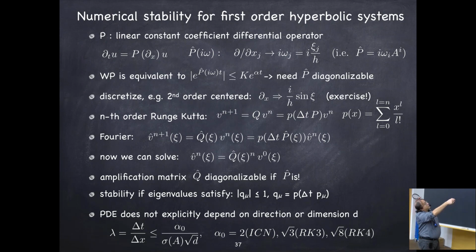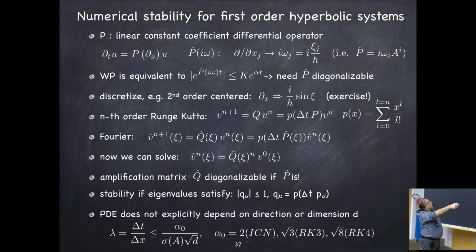And then this function by Fourier transformation becomes a p hat in the Fourier space, which now depends on omega or i omega. All right, like this, for example, for the derivative with some coefficients a. And now we remember, so well-posedness was equivalent to restricting the norm and making sure that the norm doesn't grow faster than some fixed exponential.